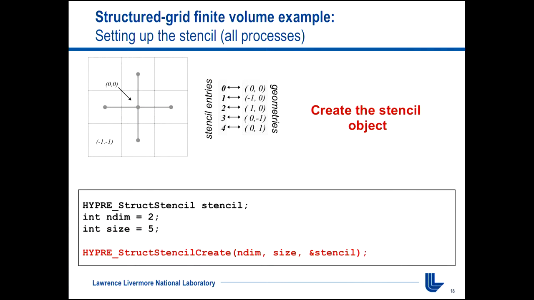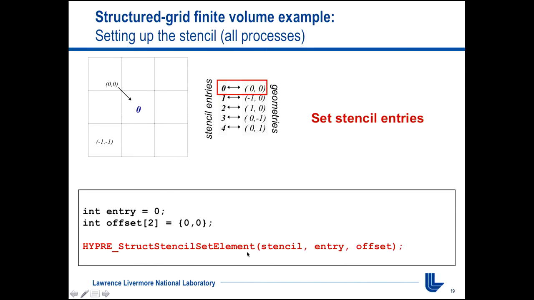The other object we needed to create was this stencil, and I have a 5-point stencil for this problem. Again, I call create, and I give it the size of the stencil. In this case, it's 5, and the number of dimensions is 2. Then I make a sequence of calls to this SetElement call, which defines the entries in the stencil.